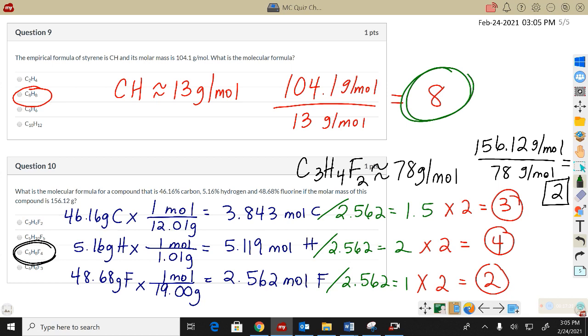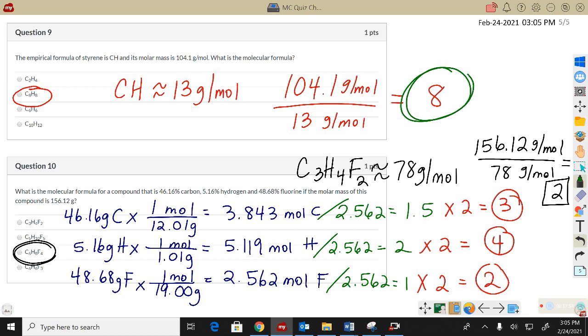And again, at that point, when you're calculating moles, I would suggest leaving a couple decimal spots. If you round them a little too aggressively, then when you're trying to divide by the smallest to get a whole number ratio, some of them might still come out a little bit funky. But then you'll find, oh, if I leave a few more decimal spots, I get nice whole number ratios.